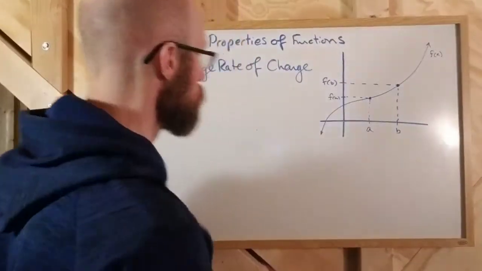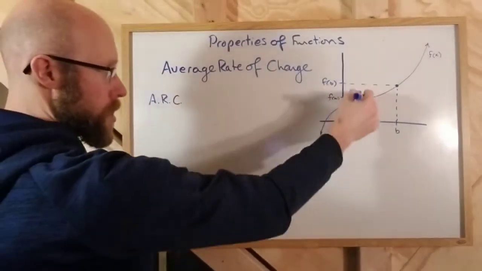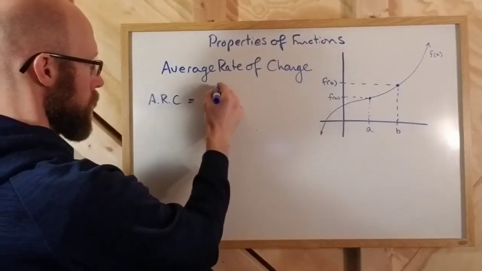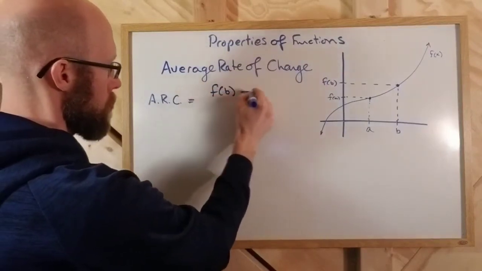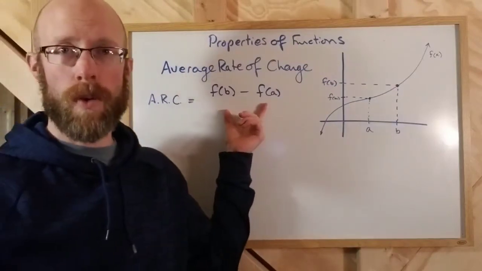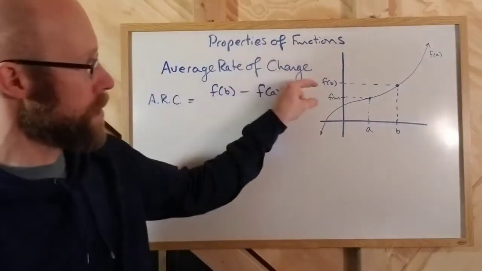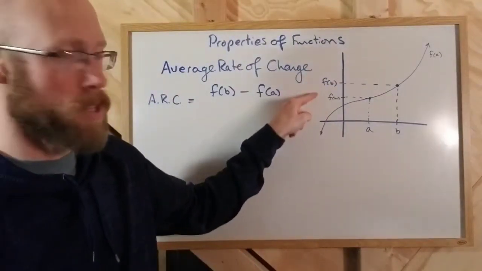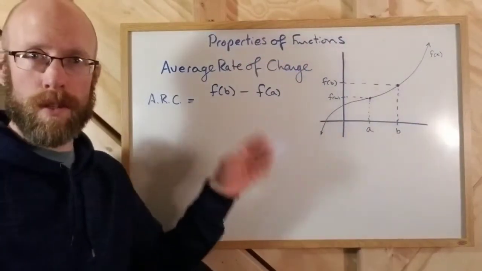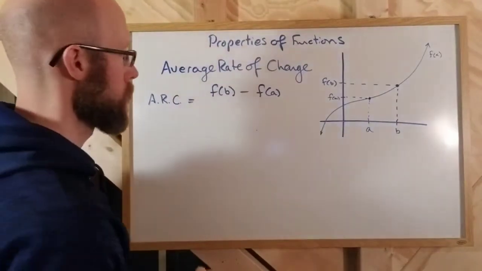So between those two points, you take the vertical change, which would be f of b minus f of a. That's the difference in the two outputs, the distance that the graph is increasing, or decreasing if it was a different type of graph.